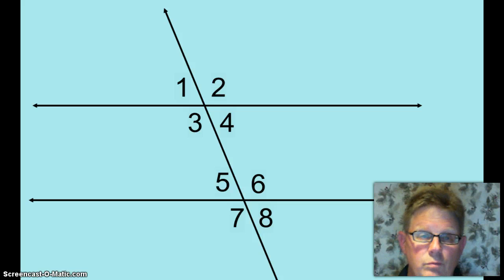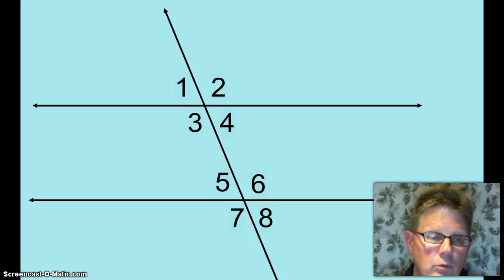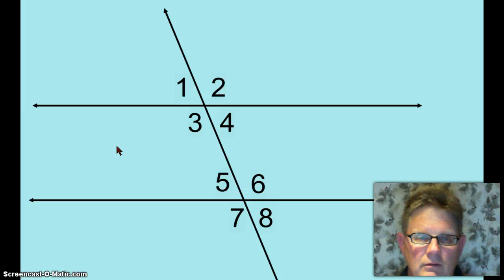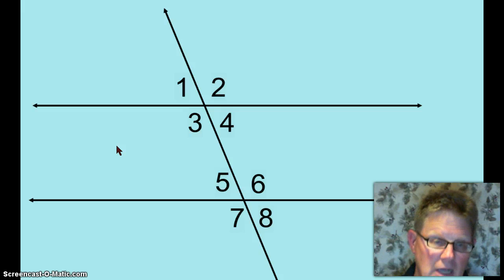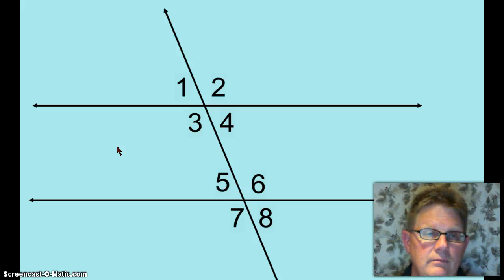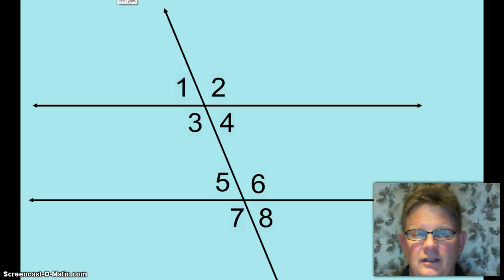Now, here's the place where I would have people come up on the board in the classroom and just go ahead and identify all the different angles that are going on here. So instead, what I'm going to ask you to do is draw this picture. Of course, you're going to have to pause it because I've been moving way too fast for you to even write all this stuff down, and that's okay.